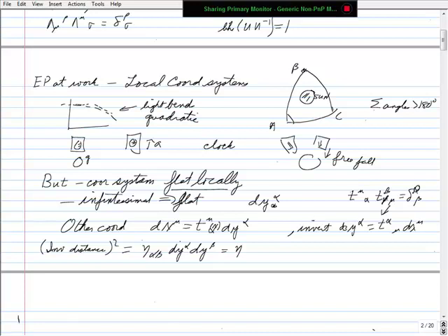There we go. So then if we're writing these new coordinates, we have eta alpha beta, T alpha mu, T beta nu, dx mu, dx nu. This is going to be the guy we call the metric, g mu nu.